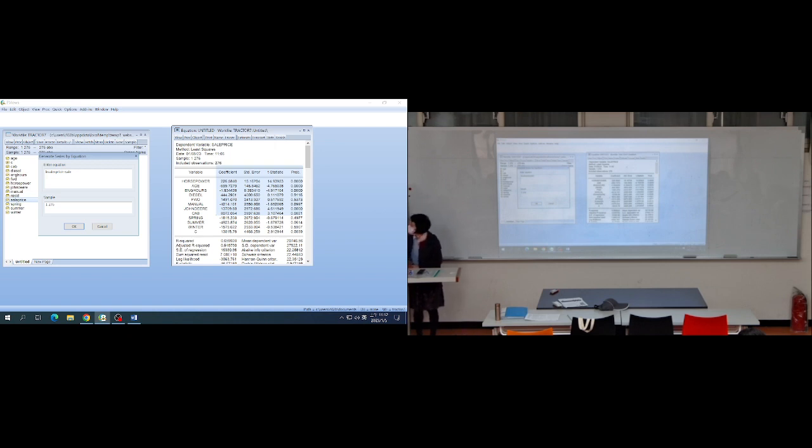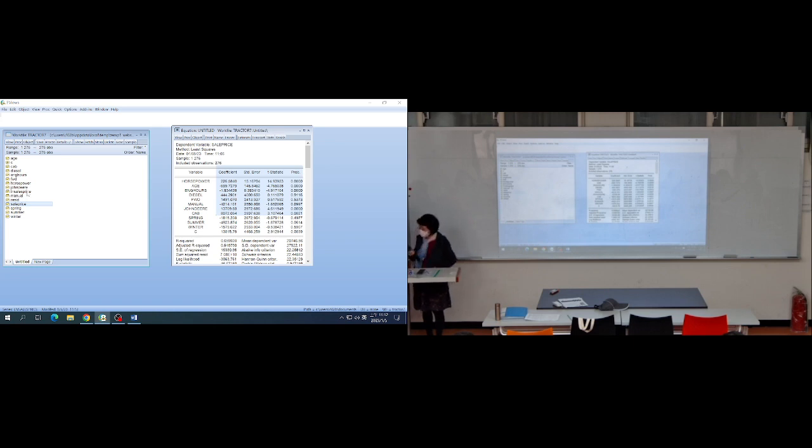Equal sign. Then use the same name with this one. Okay, yeah, you have this new Y variable. Then run the basic model.